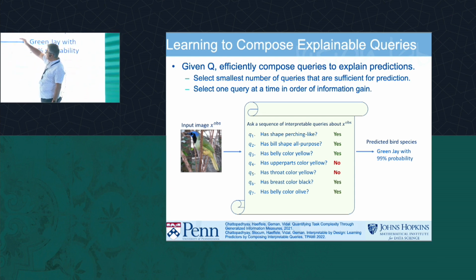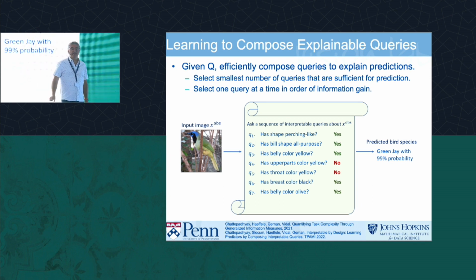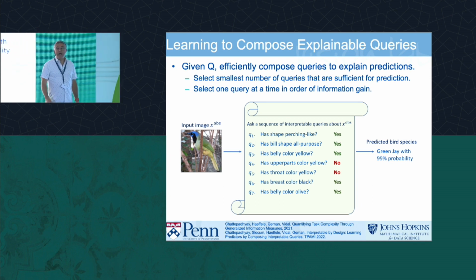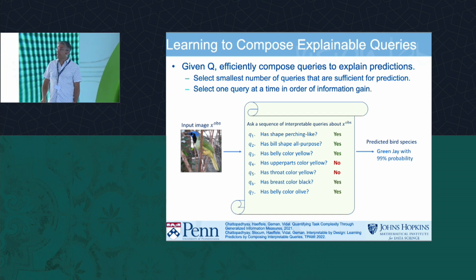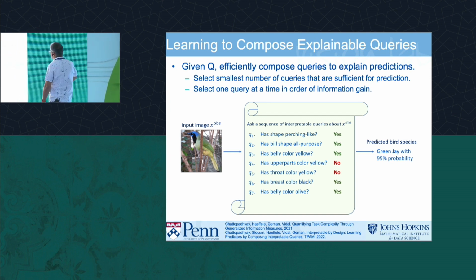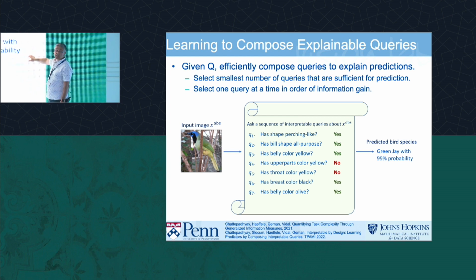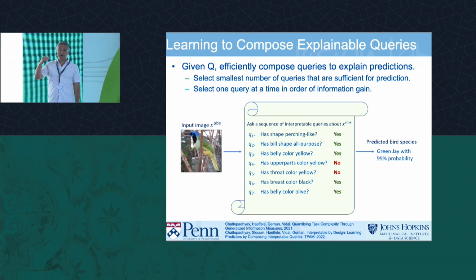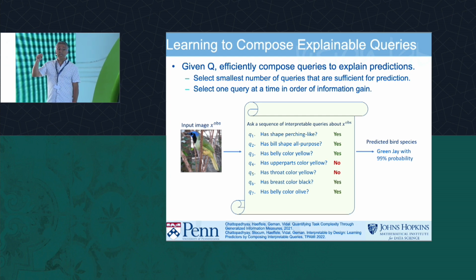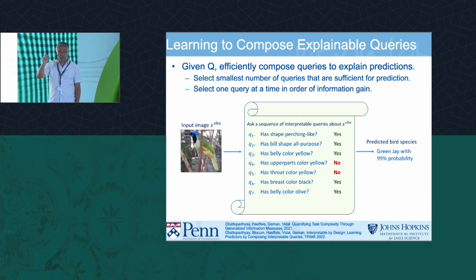And the answers here are yes, no, yes, no. And then the algorithm stopped after 7 questions here out of 300 attributes. And it predicted with 99% probability that this is a green jay. And we're going to see various examples throughout the talk as to how the probabilities of what class it is change after 1 question, 2 questions, 3 questions, and so on and so forth.